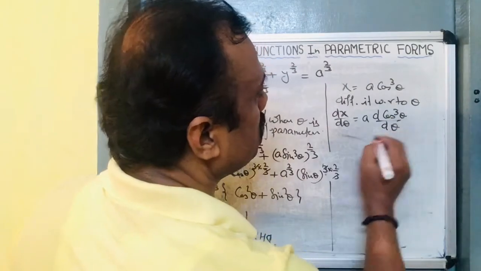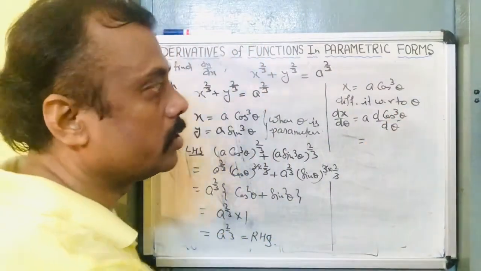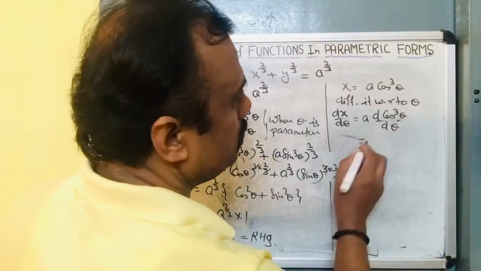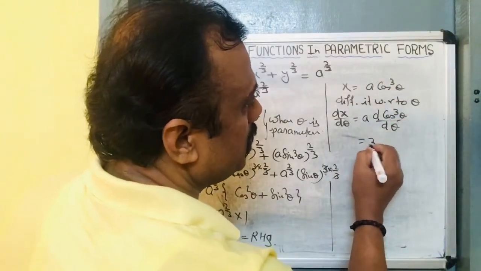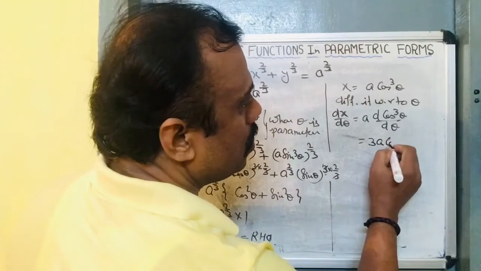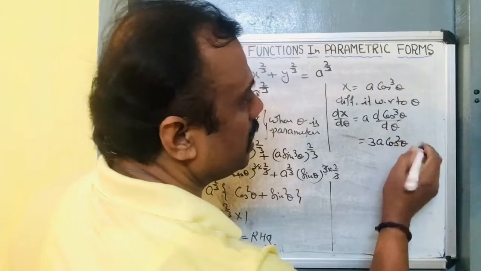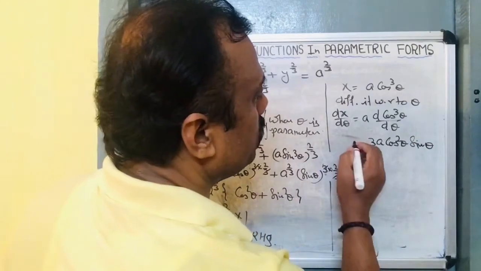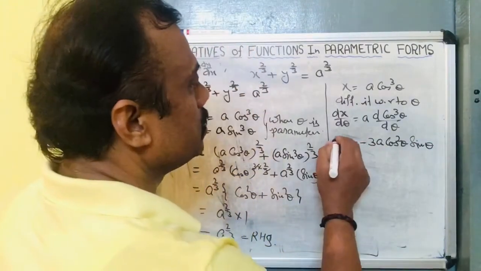I am directly going to find the derivative of this using the chain rule. Actually the answer will be 3a cos square theta, and the derivative of cos theta is minus sin theta, so I am putting minus sin theta here.